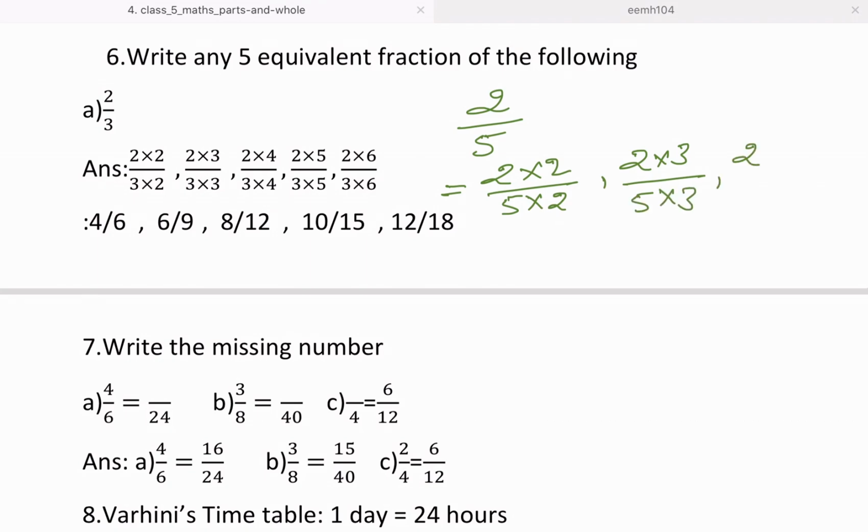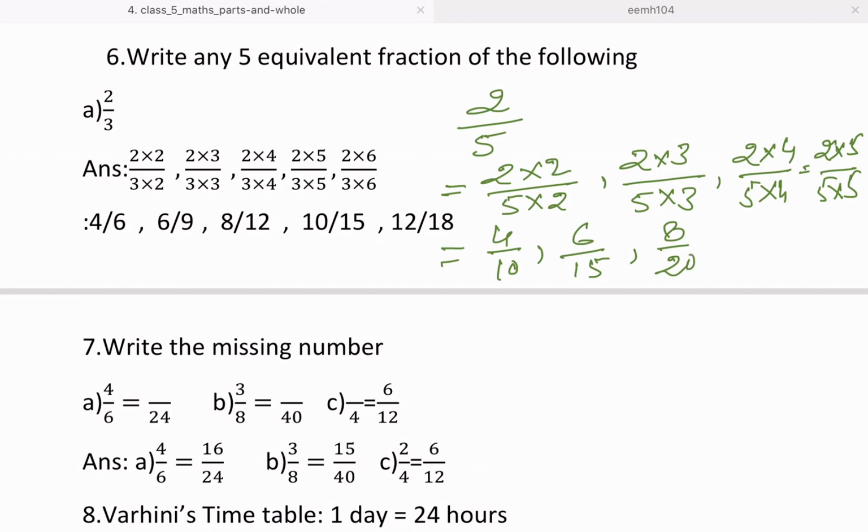Then 2 into 4, 5 into 4. And again 2 into 5 and 5 into 5. It will give 2 twos are 4 by 10, 2 threes are 6 by 15, 2 fours are 8 by 20 and 2 fives are 10 by 25. These are the equivalent fractions.